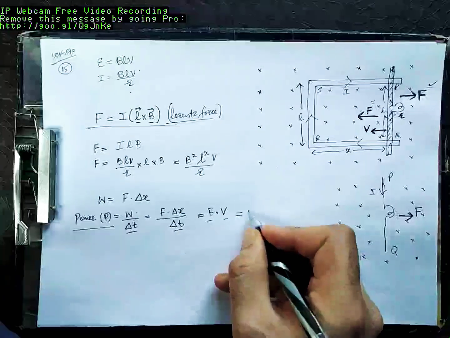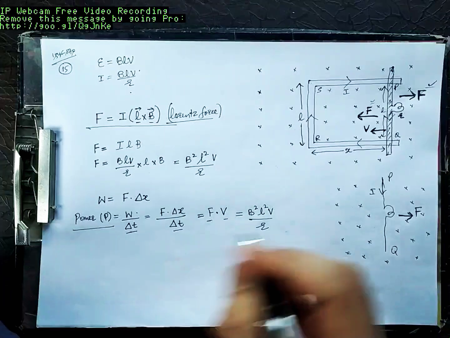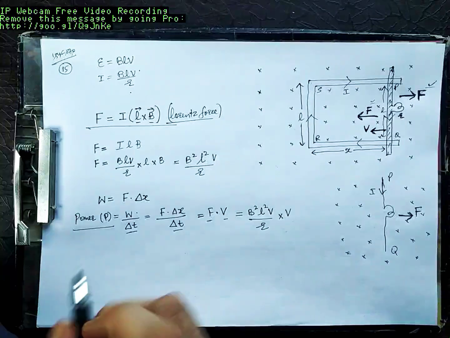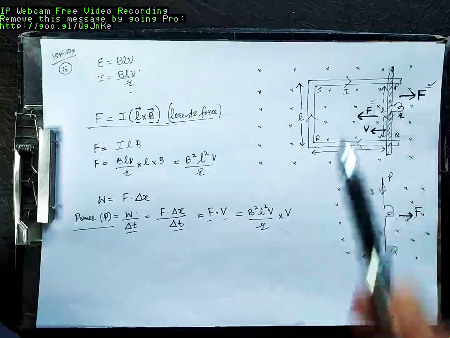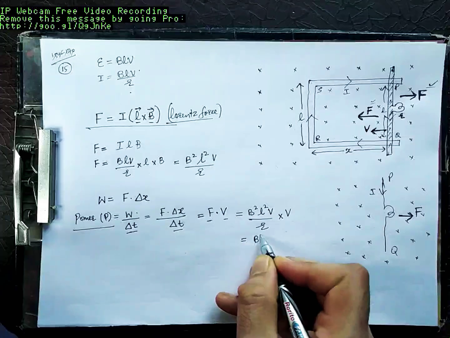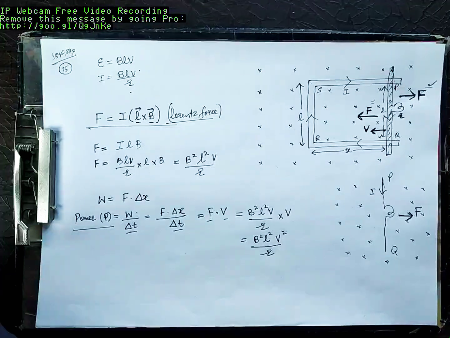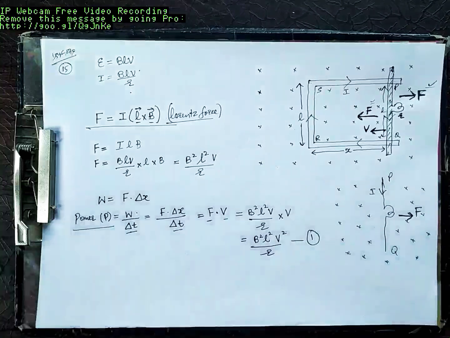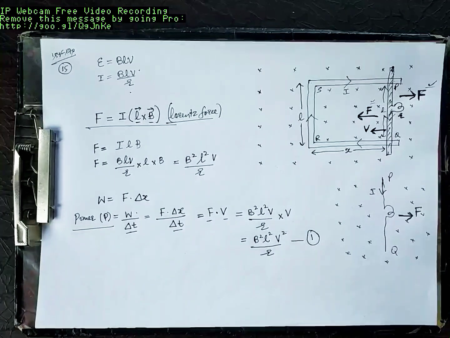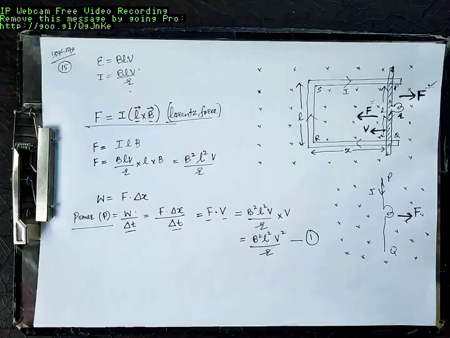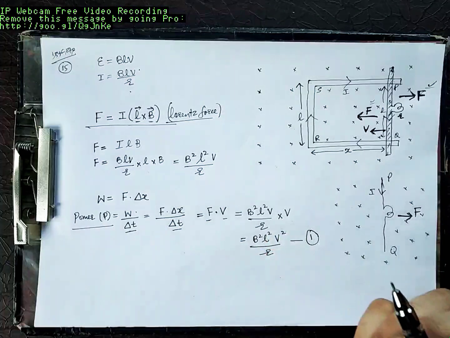Force F is equal to B square L square V divided by R, into V. So the external power, or the mechanical power that I am using to move this conductor PQ towards left, is equivalent to B square L square V square divided by R. For time being, let's call this expression 1.